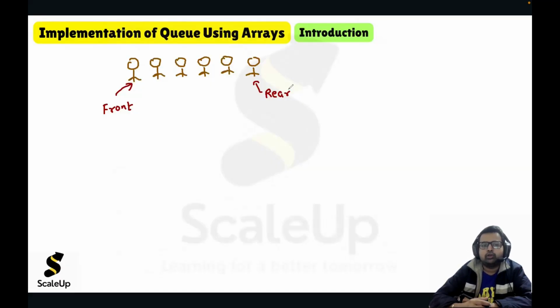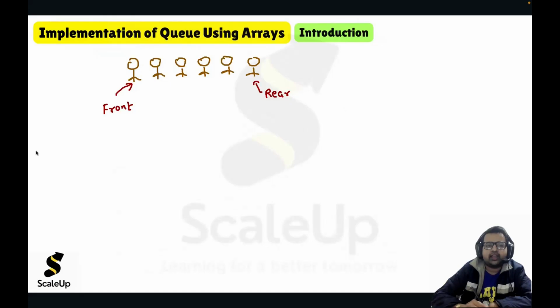In a queue, you can remove an element from the front and add a new element to the rear. That is the NQ and DQ operation. Apart from that, we cannot touch any other object. We cannot add any element in the middle or somewhere in between, and we cannot remove anything. So the only points of interaction are the front and the rear.